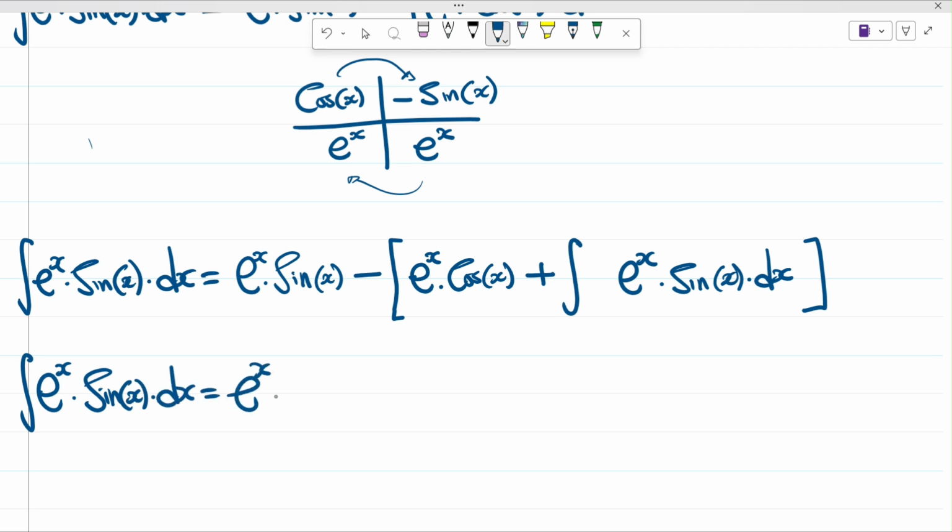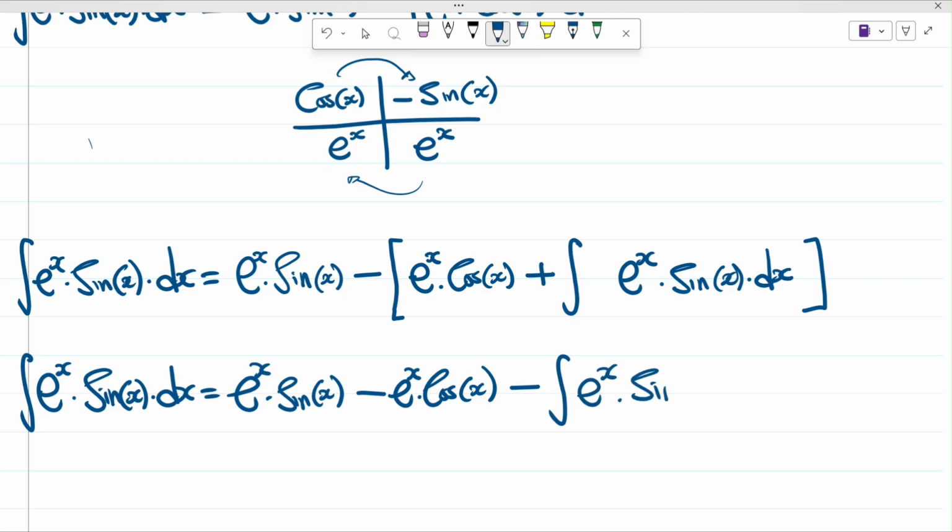So e to the power x sine of x minus e to the power of x cos of x minus again. So this negative multiplied this, it became negative. This negative again multiplies this. It becomes another negative of integral of e to the power of x sine of x dx.